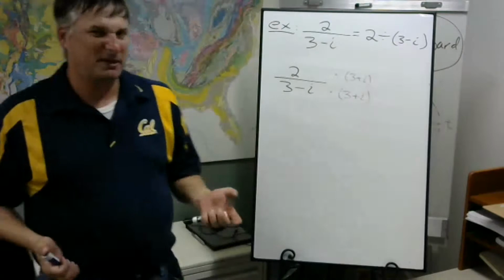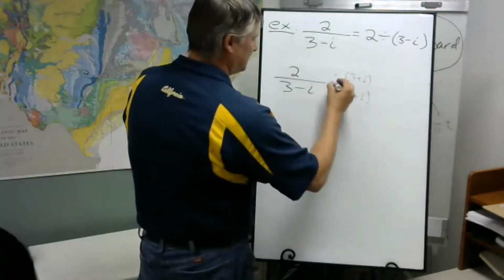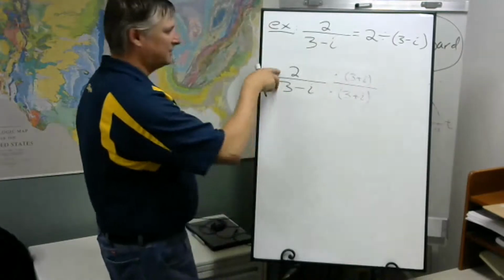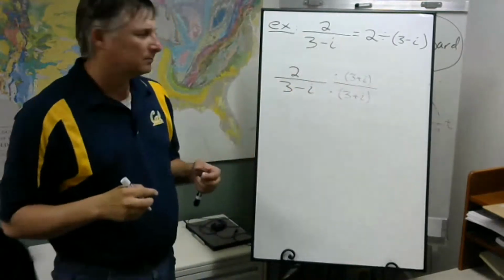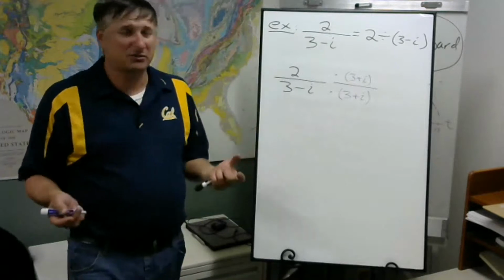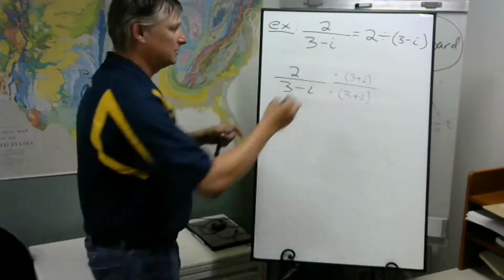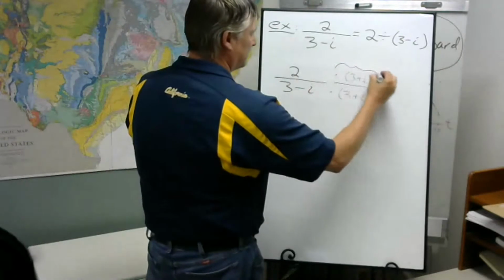Now, again, you might be saying, well, is this changing anything? Well, keep in mind, you can say that we're really multiplying this to this fraction. But yeah, is that changing anything? Well, it's going to change how things look, but a number divided by itself is always equal to 1.